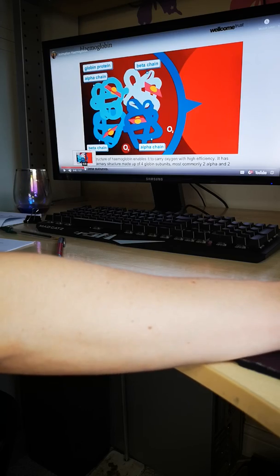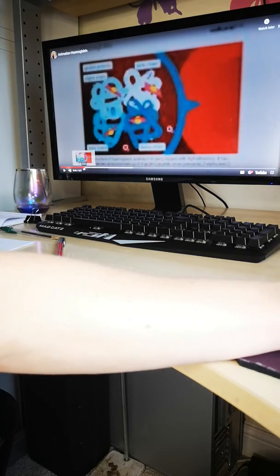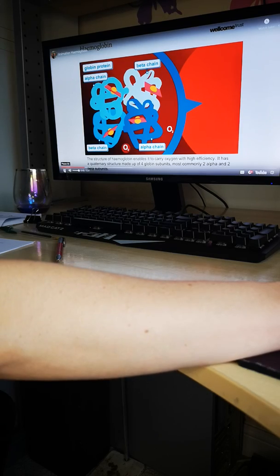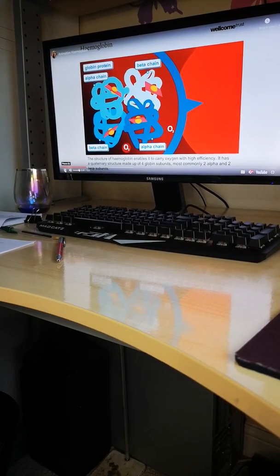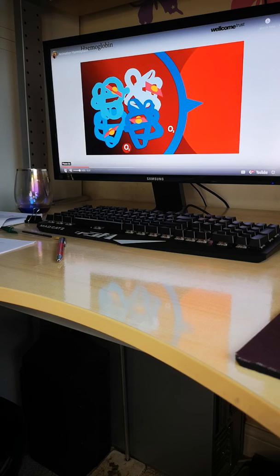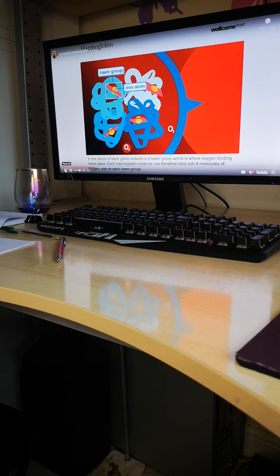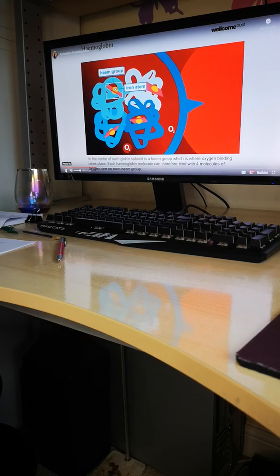Okay, so just play and pause. So in the animation it shows oxygen binds into the heme group. So there's a heme group, there's the iron atom, and an oxygen molecule can bind to that. That will be the first oxygen that binds.